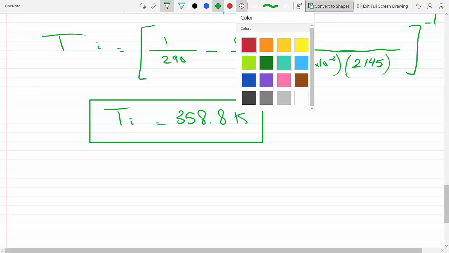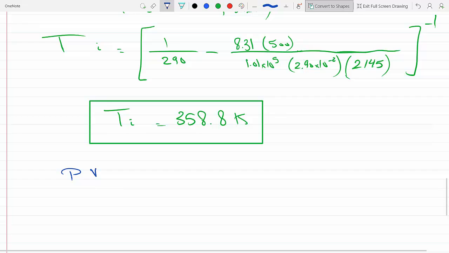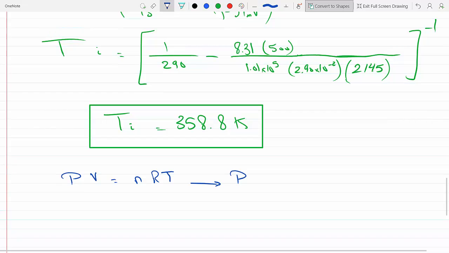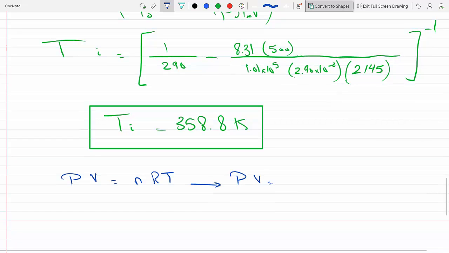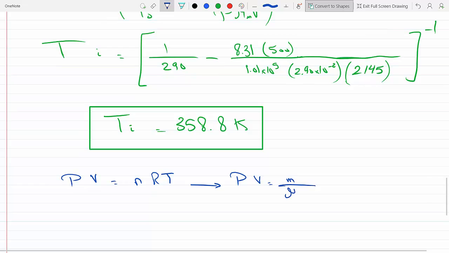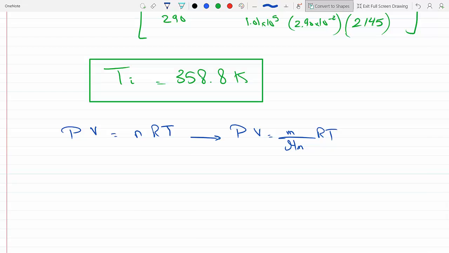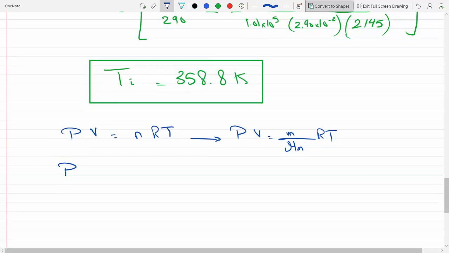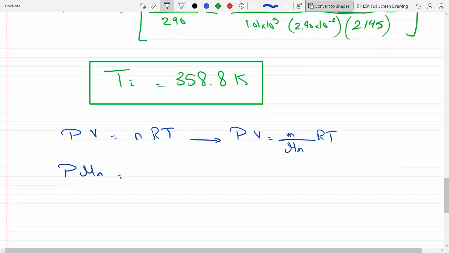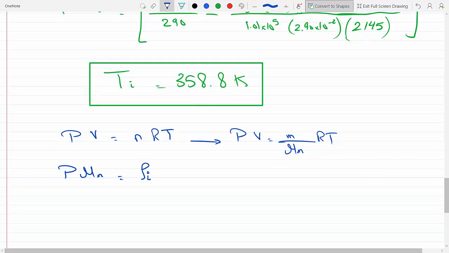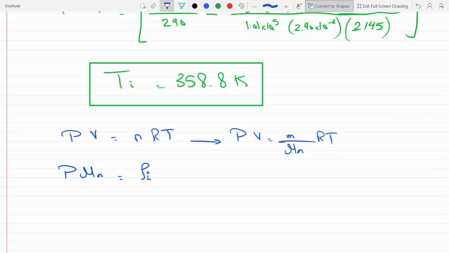So we know from the ideal gas law PV equals nRT, and we already manipulated this. N is mass over the molar mass of air, RT. We divide by V, so we get P times the molar mass equal mass over volume, which is just the density, so inside, this is rho I. Oh wait, but I'm interested in the mass.